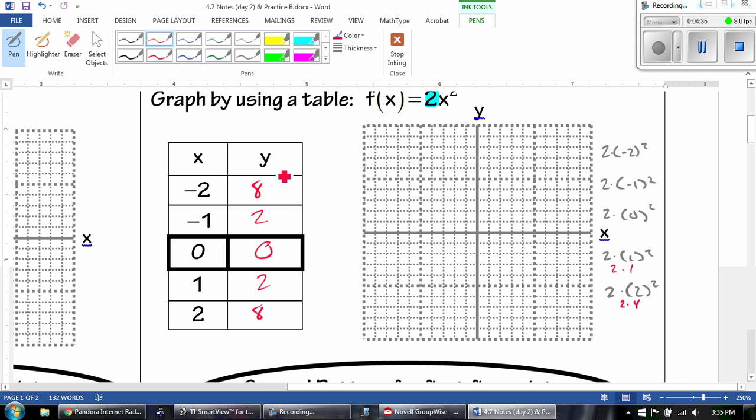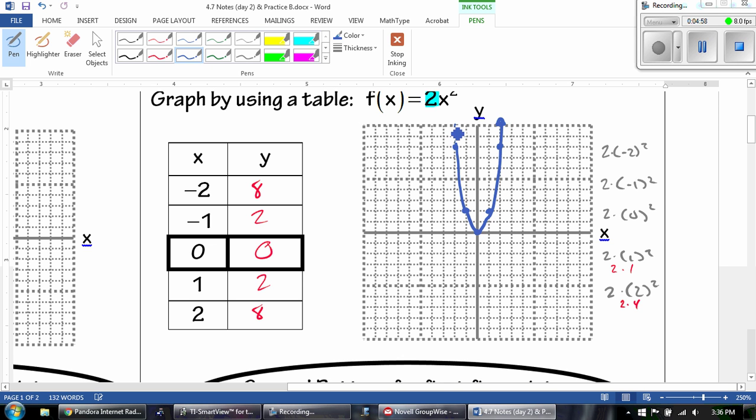Okay, so let's do the same thing. We're going to graph those. Once again, we're starting at 0, 0. And now I'm at 1, 2, and negative 1, 2. And then I'm at 2, 8, and negative 2, 8. So here is our new graph. Our new parabola looks a little bit different.